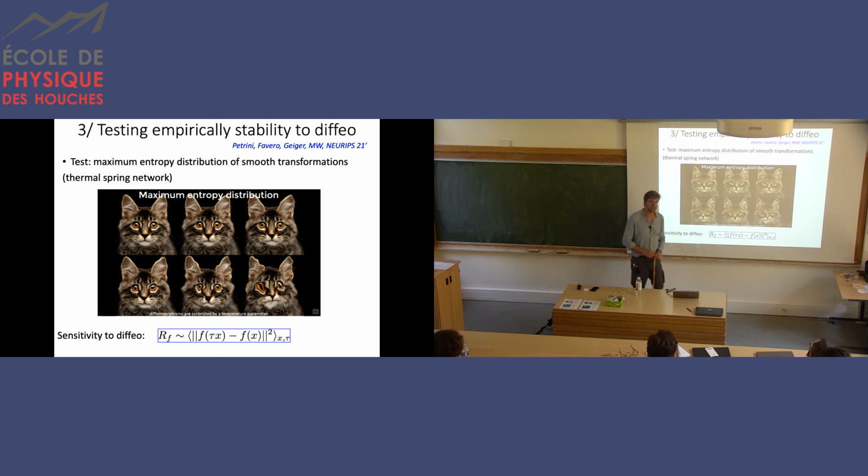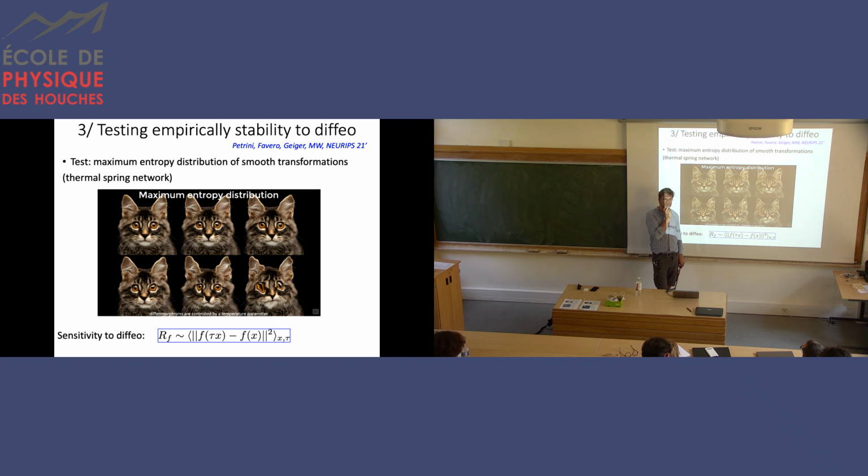Can you say it more? So it's actually true. We study systematically in this paper stability to deformations versus stability to noise. And it is the case that the best networks are the least stable to noise. So you would still have a good correlation with the RF, but you get a much better correlation if you derive it like that.